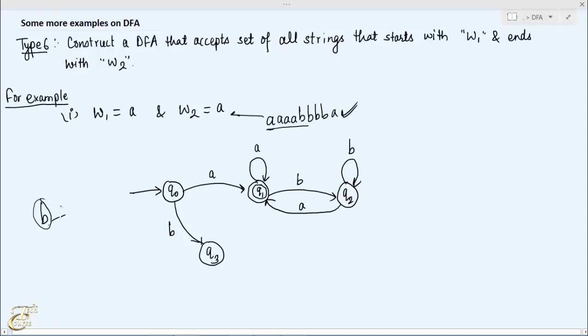Now, whatever comes after this B should not be accepted. That's why we just revolve in this Q3 state on encountering the symbol A or B. This is our required DFA.